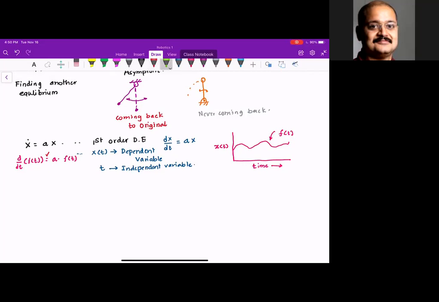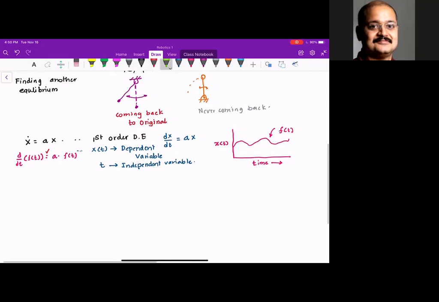But for this particular differential equation, so you have dx by dt is equal to ax. Differentiation is derivative. If I want to find out the solution, I need to do integration. So what I'm going to do is I'm going to perform the integration. So please note, I'm going to take x's on one side and t's on the other side.